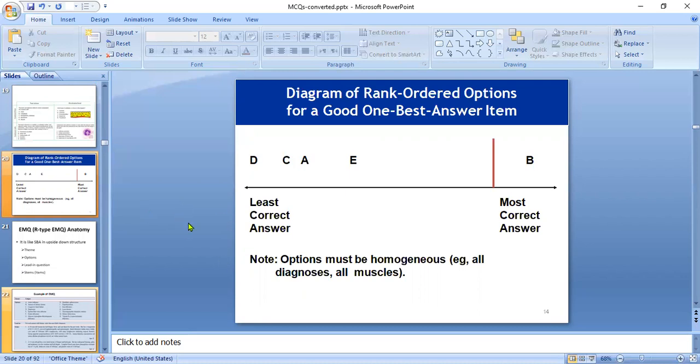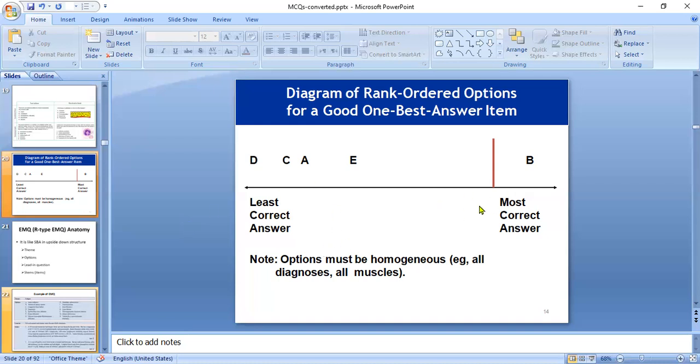Such MCQs are also known as rank order options or one best answer, known as BCQs, which means best choice question. All options are correct, but identify the one which is most accurate.